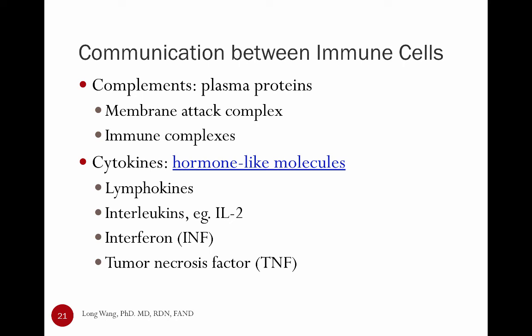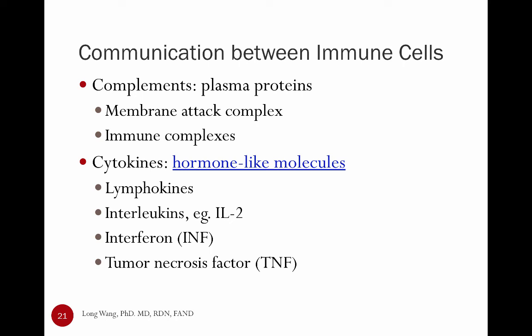So they're not specific against, say, this virus or that bacteria. However, they help make the attack by antibody to the antigen or the pathogen more efficient. So the name is very descriptive. They are complements. They are not the major, say, soldier, but they are assistants. They are good assistants.